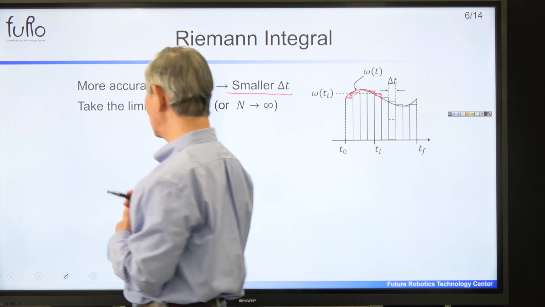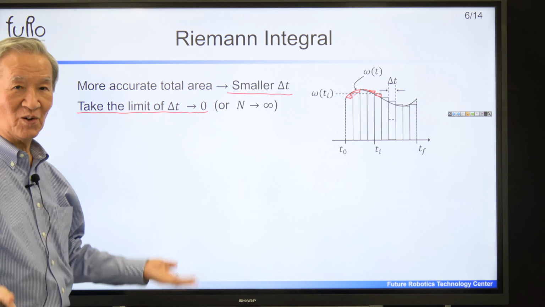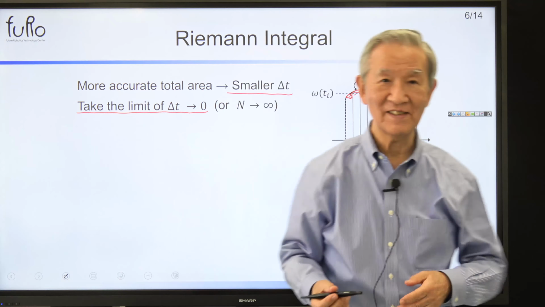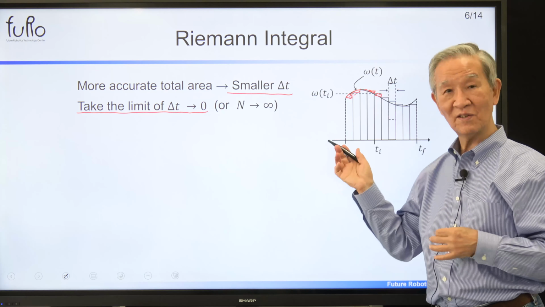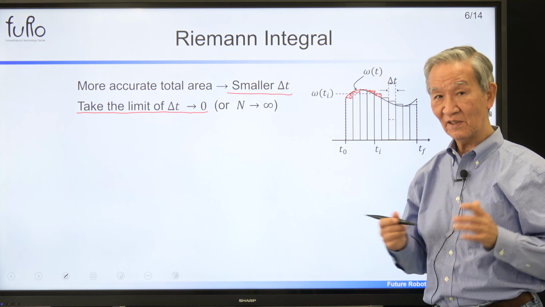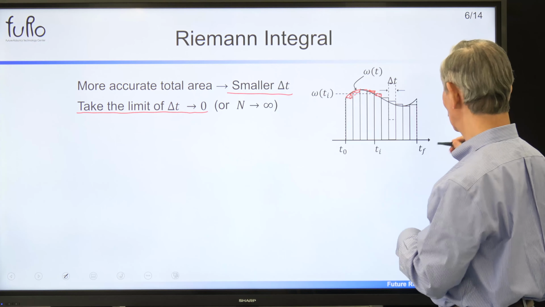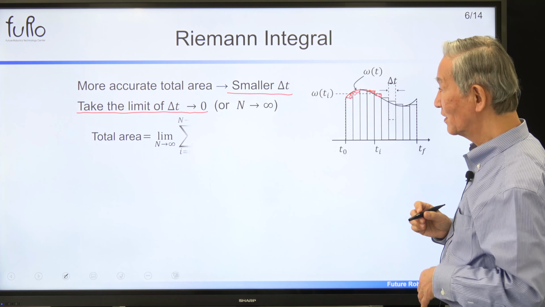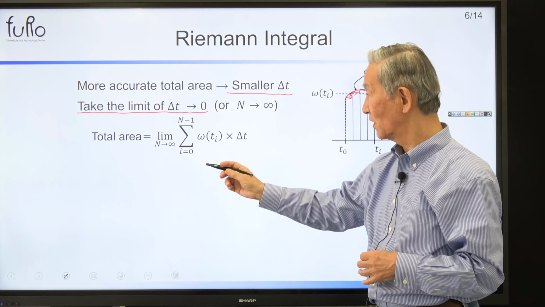So what we want to do is take the limit of delta t goes to 0. Wow, another limit operation. We have done limit operation in differentiation, and in integration we do the same thing. So integration and differentiation are close to each other? Yes, but I'll tell you that in a minute. So before that, let's look at this one here.